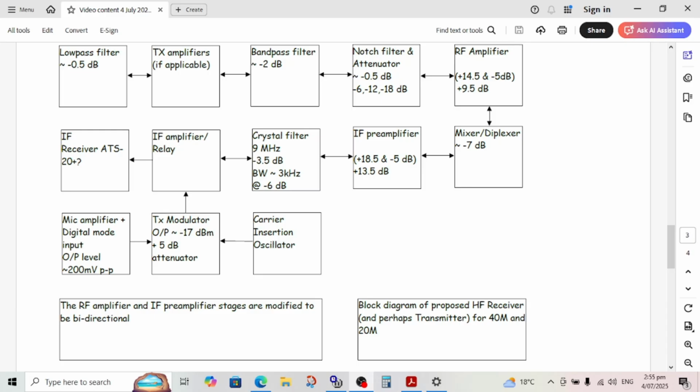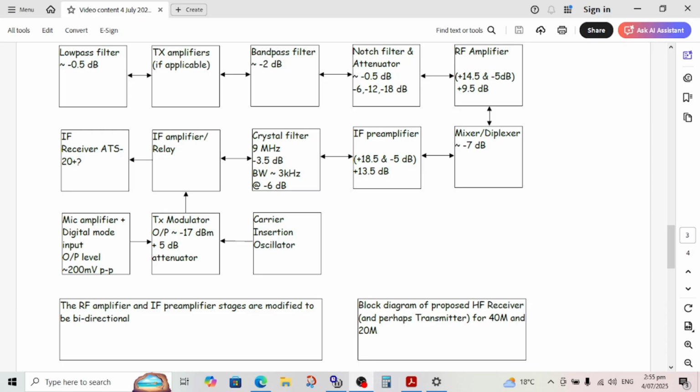Following the crystal filter is an IF amplifier and relay. When used in receive, it will go into probably a spectrum analyzer for testing, and then into a receiver such as an ATS 20 plus.